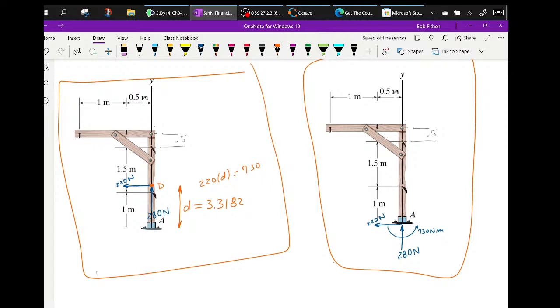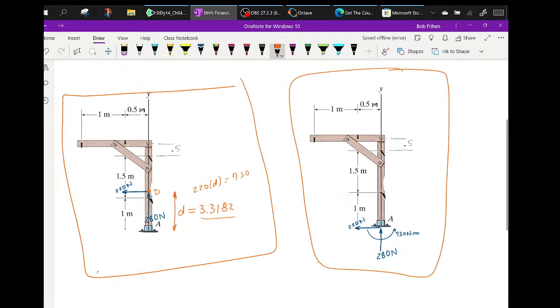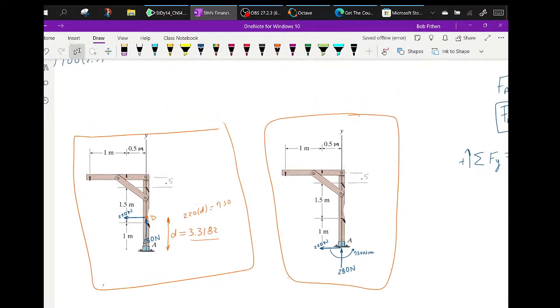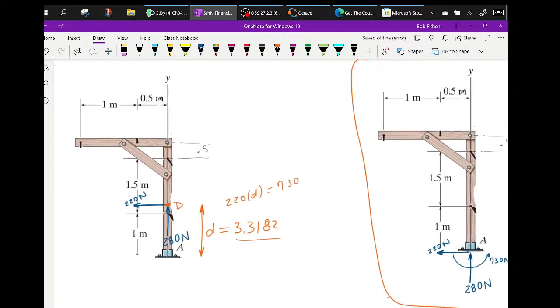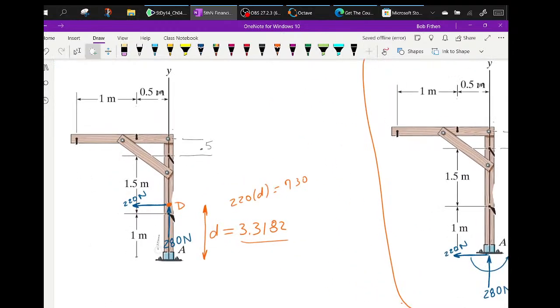Let me do this. Okay, to scale, this right here is 2. So technically, I had to move this point D way up here, say.